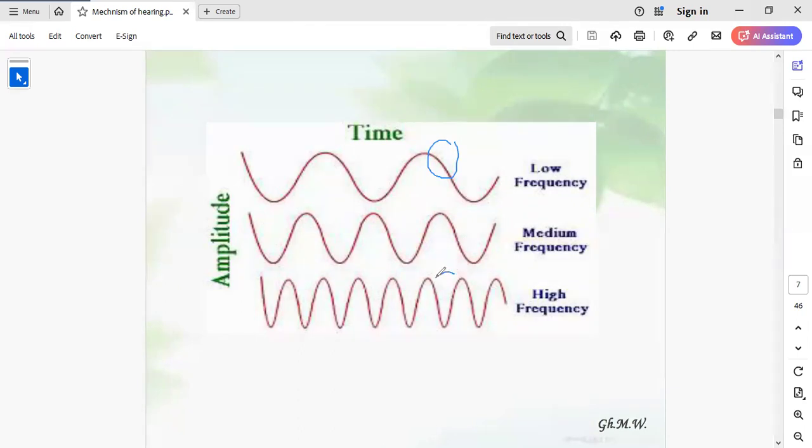While if the head is here, the number of cycles dispersed by the head is 2 or more cycles. So at high frequency, more cycles will be dispersed or diffracted by the head. This is called the head shadow, the number of cycles disrupted by the head. So head effect on low frequency is minimal, while head effect on high frequency is more than on low frequency.